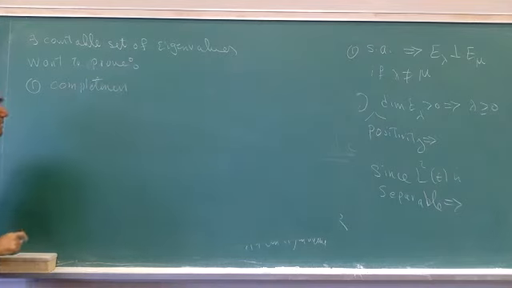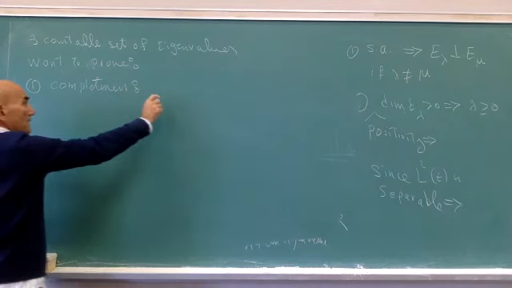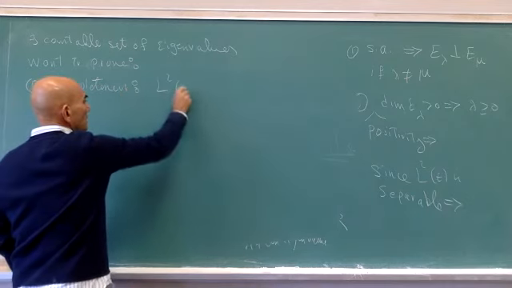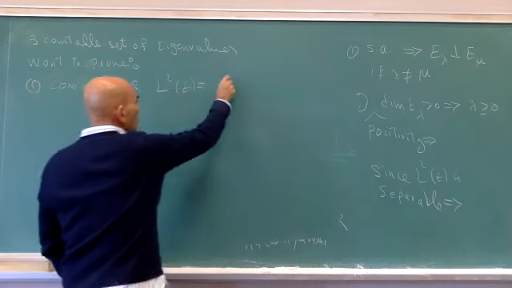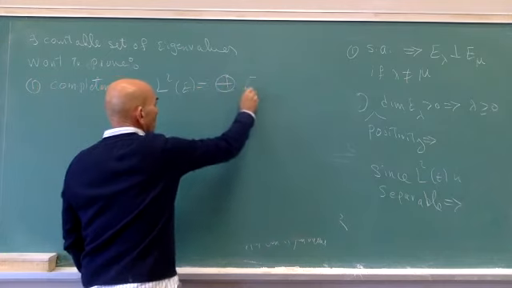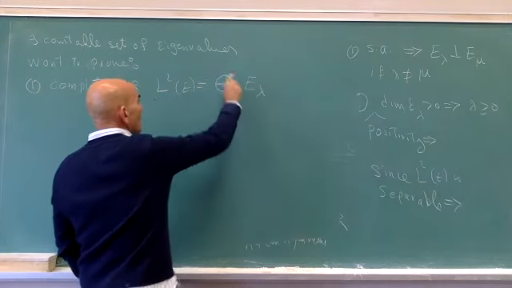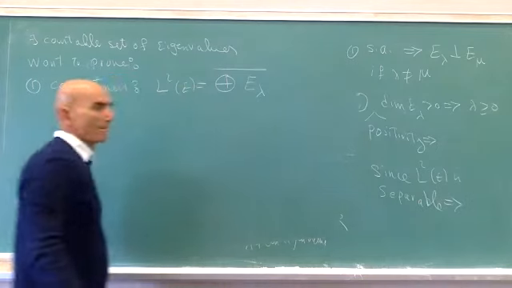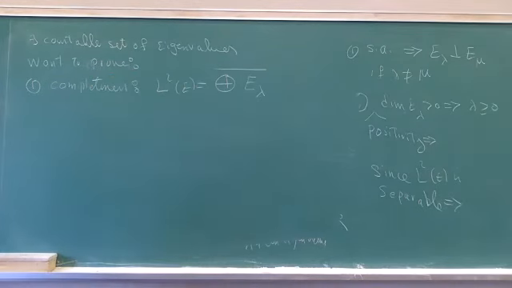This completeness is the following: L2 of E is equal to the closure of the direct sum of E lambdas. So there exists a complete orthonormal set of eigenfunctions, essentially. That's what it's saying.